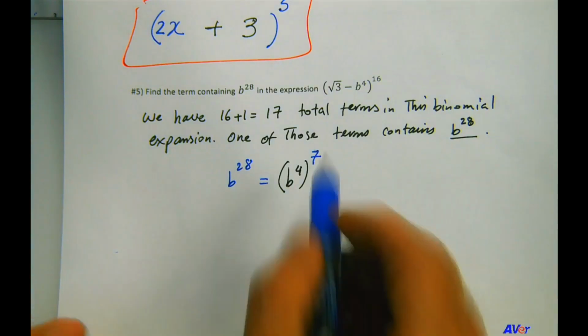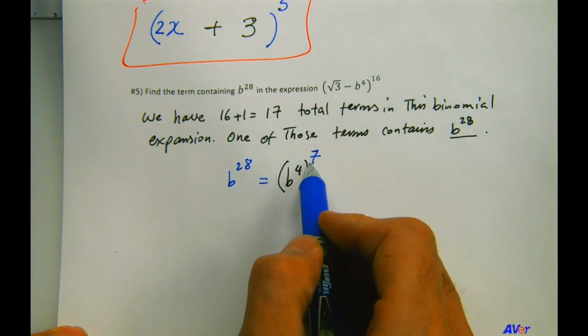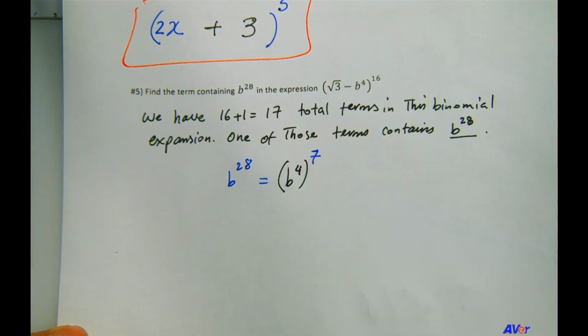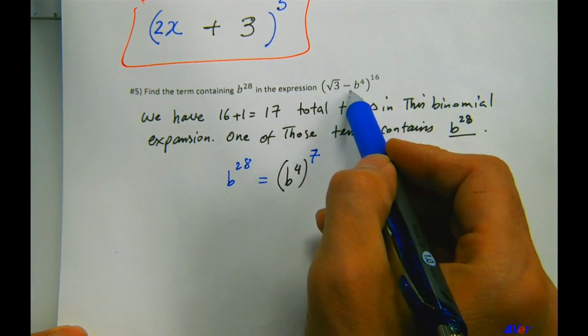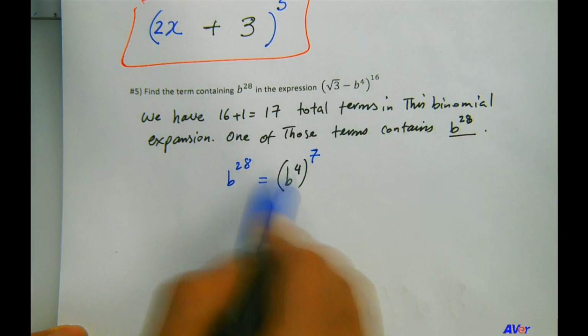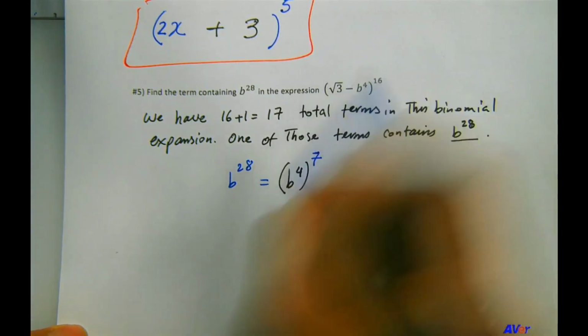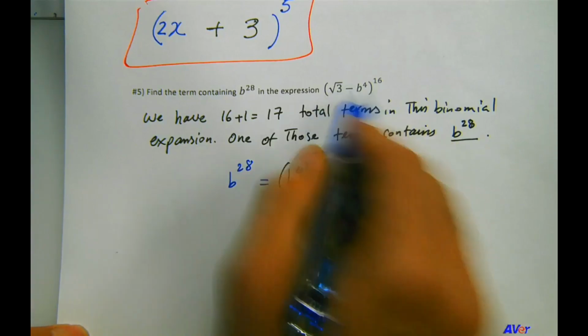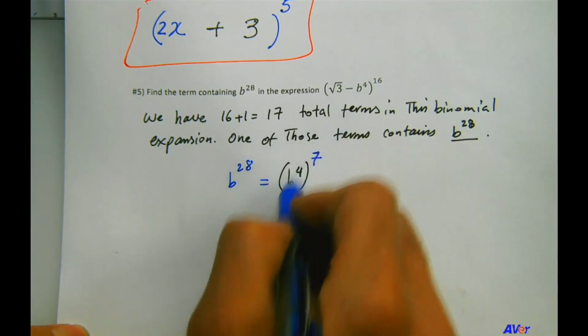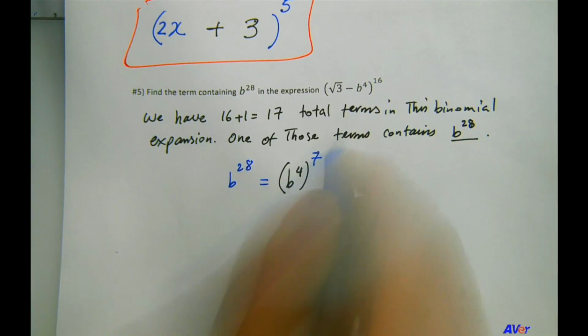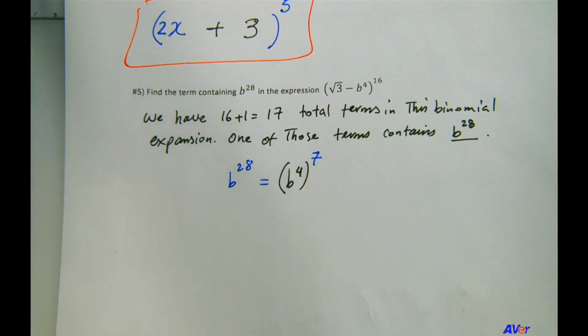Okay. Now that we know that, and we already know how to expand the binomial, we know that if the power of that term is 7, by the way, that should be minus b to the 4th to the 7th power, because it's minus there. So let me add that in.